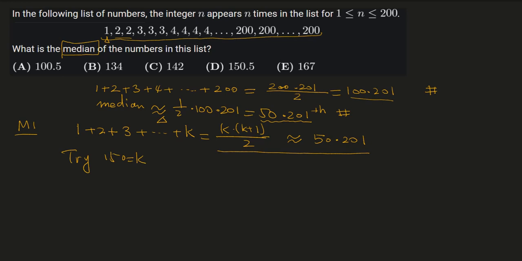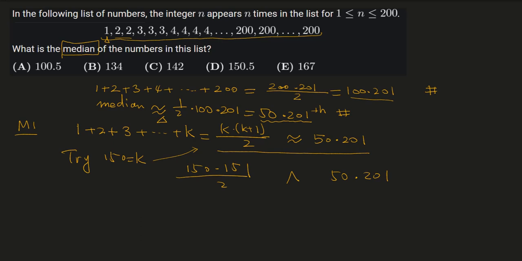Then let's plug this into this equation and see if 150 makes sense. So we have 150 times 151 divided by 2. We want to compare that with 50 times 201. We don't know which side is bigger, but we want them to be roughly equal.